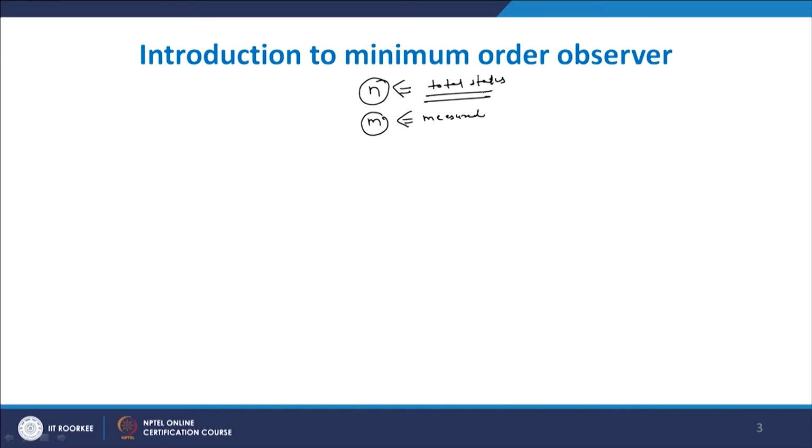So, n is called the total states and m the measured states. That means, we have to only estimate n minus m states. When we are estimating only n minus m states, that is called minimum order observer.